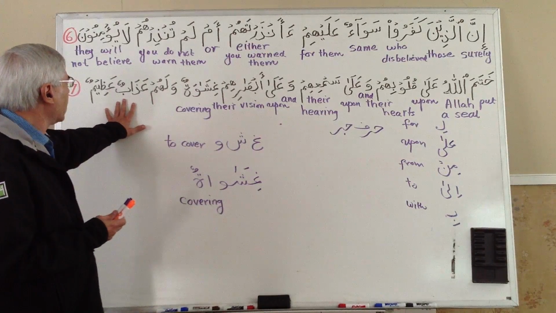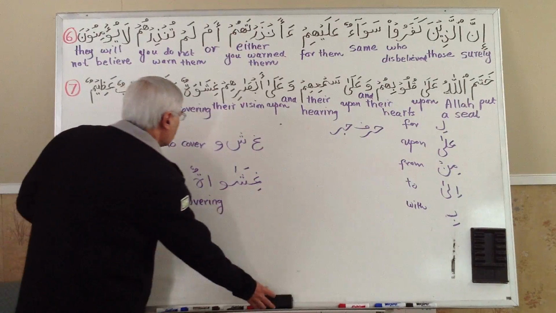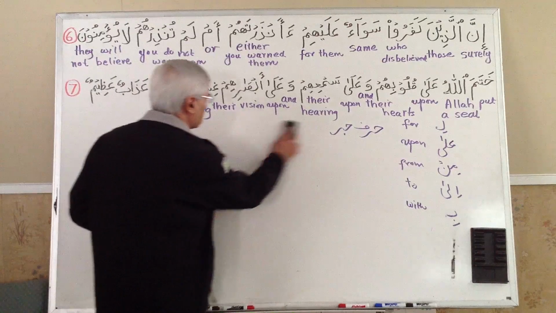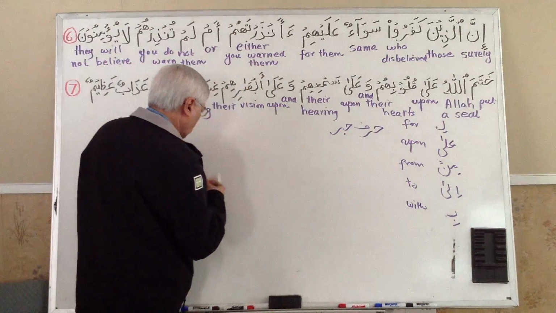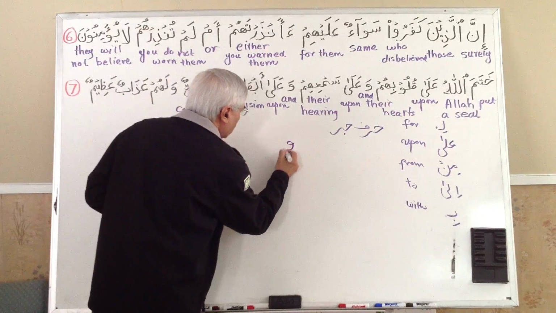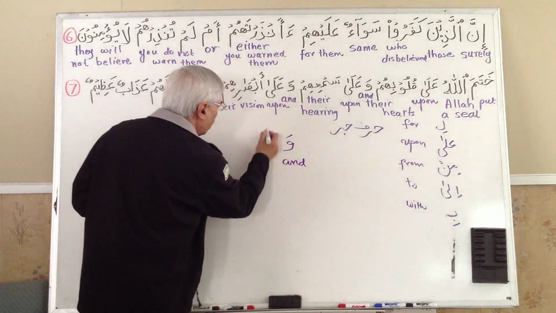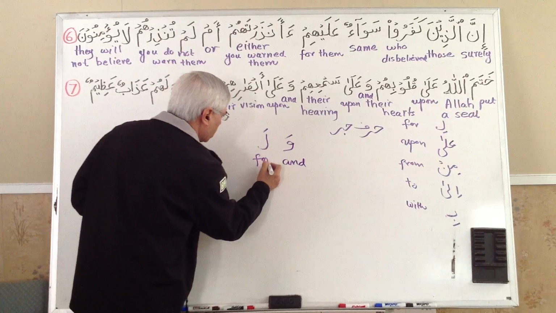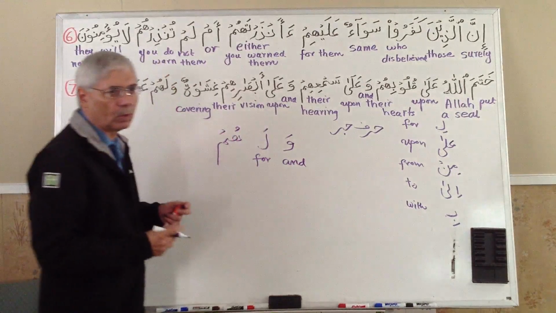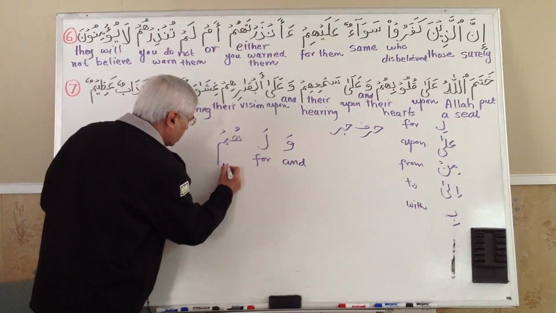Then the words after that, Walahum azabun azim. So let's finish these words. Wa means and, la means for, and hum means them. These are simple words.